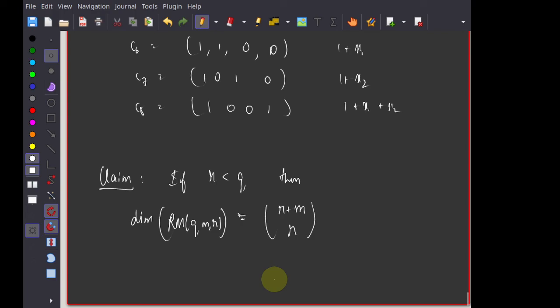No, that cannot happen, right? Correct. So if r is less than q, then the individual degree should also be less than or equal to r.